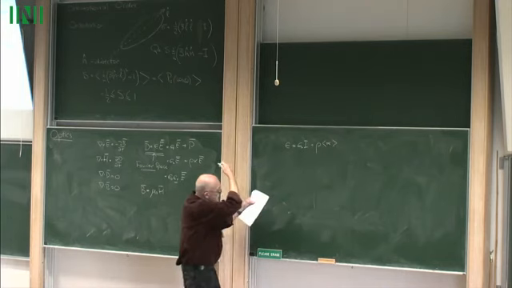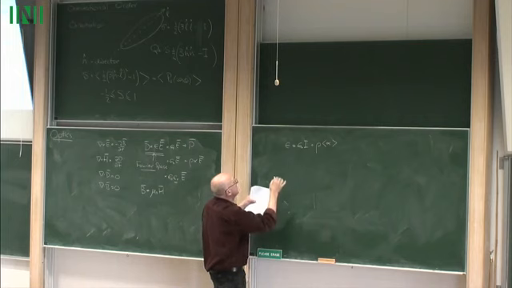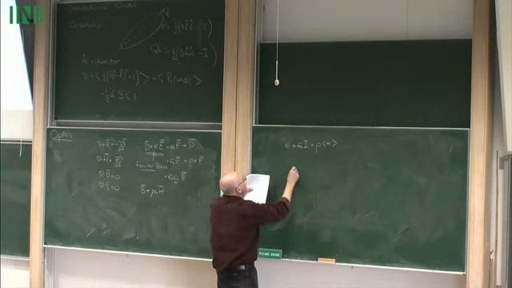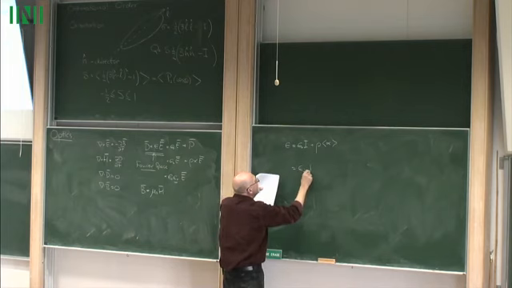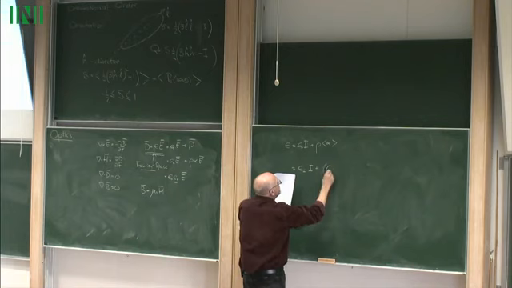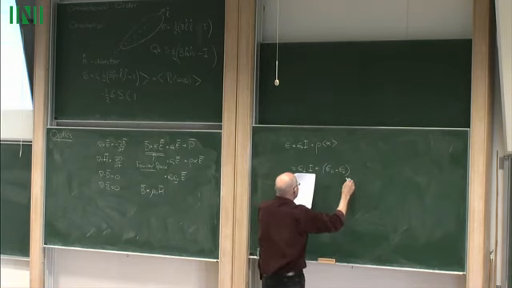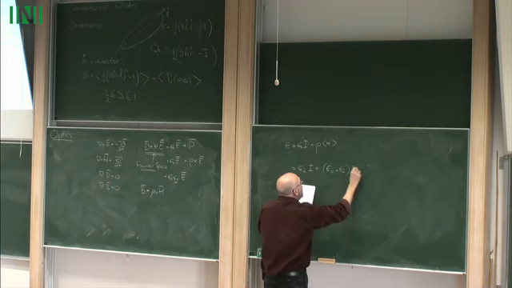We had the expression on the board a minute ago, so I can just write epsilon as epsilon perp times the identity plus epsilon parallel minus epsilon perp times n hat n hat.